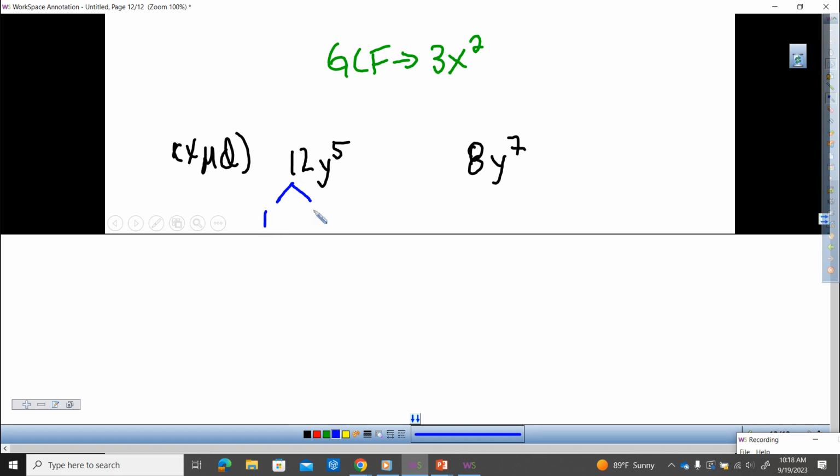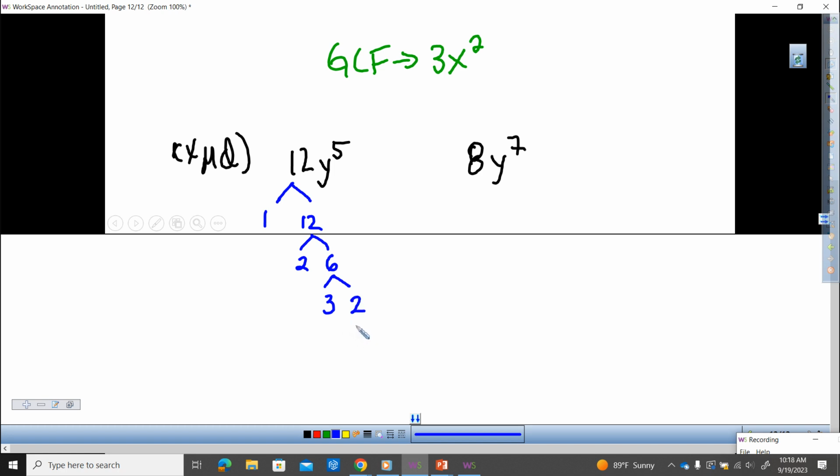Can 12 be divided by 1? Yes. What is 12 divided by 1? 12. Next, can 12 be divided by 2? That gives me 2 times what? 6. Next, can 6 be divided by 3? Yeah. Okay. 3 times 2.